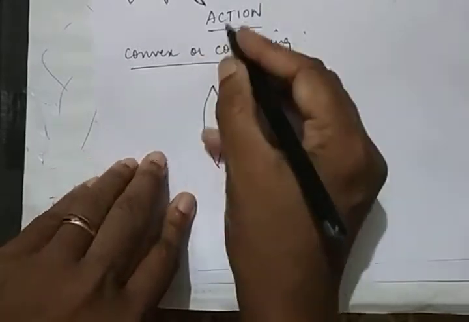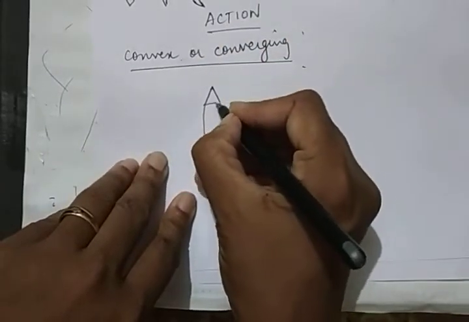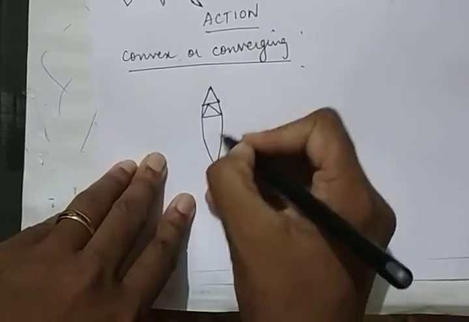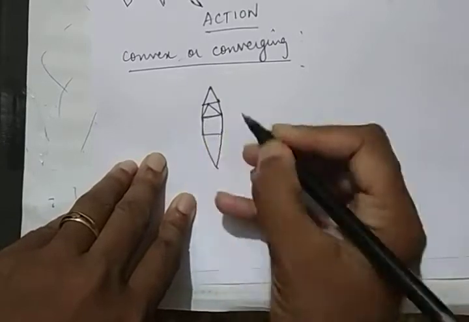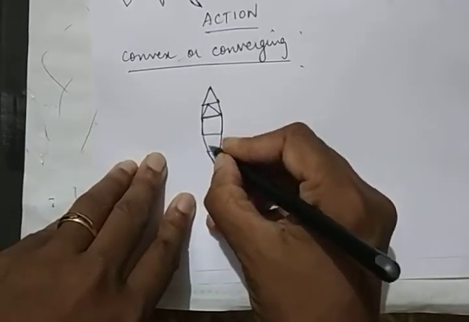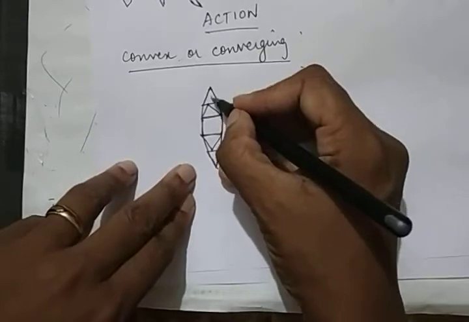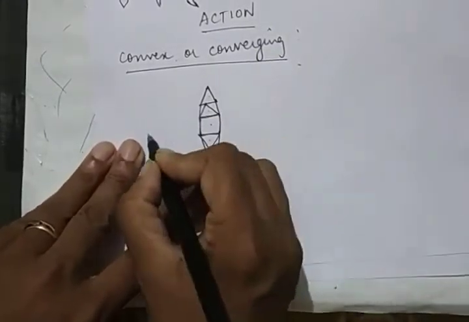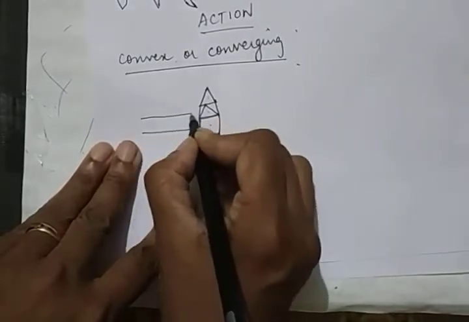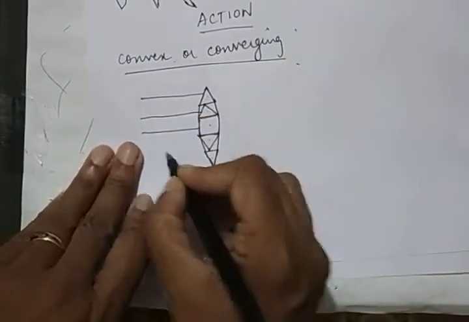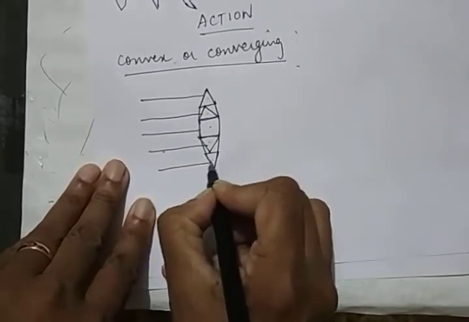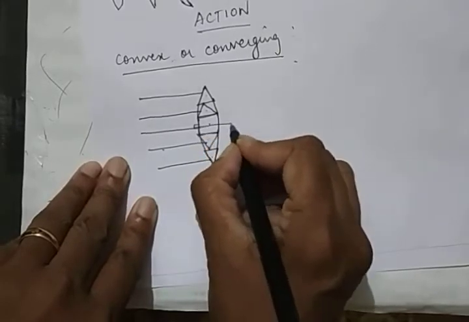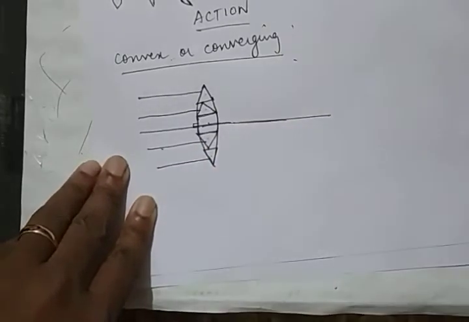Now, how is this possible? To understand the action, you have to divide the lens into a number of prisms, so roughly I can divide it into structures like this. These are prisms and this is a glass slab. We take incident rays hitting all of these. The center ray is incident normally, so it will go straight.